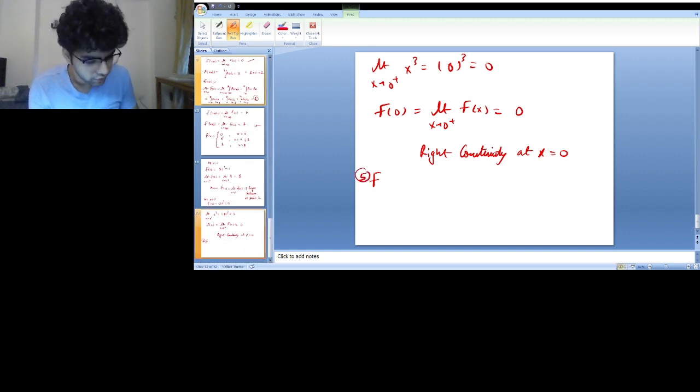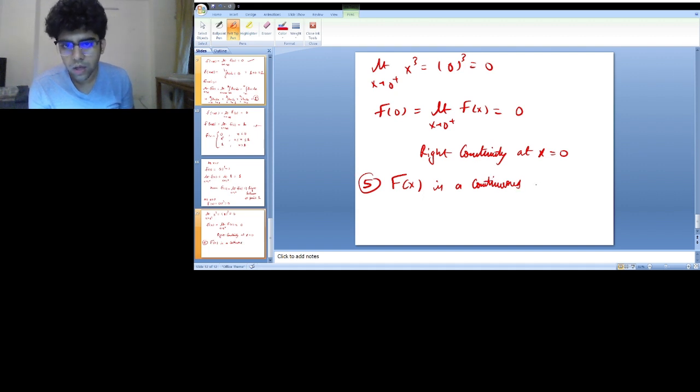The fifth property says that the CDF, my cumulative distribution function, is a continuous function of x on the right. Sorry for my handwriting.